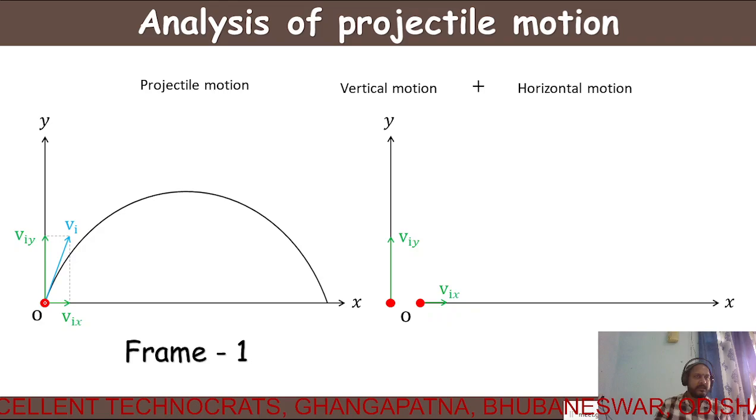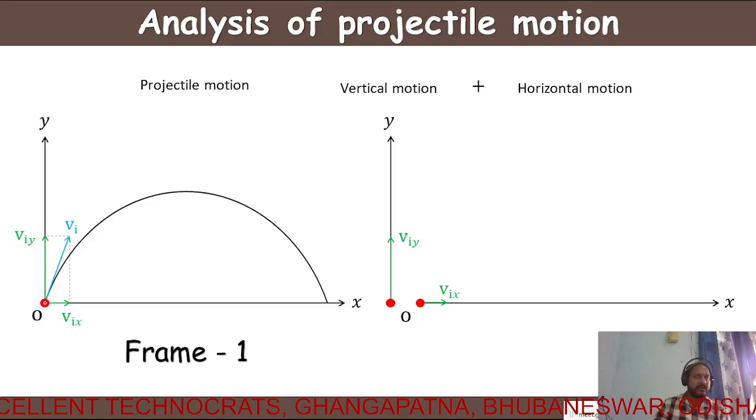Now see very carefully, this particular velocity will have two components or not, all of you? This velocity is thrown at a particular angle, so it will have two components. One is the velocity along the x direction, and one is the velocity along the y direction.